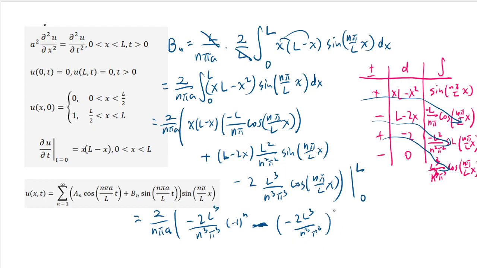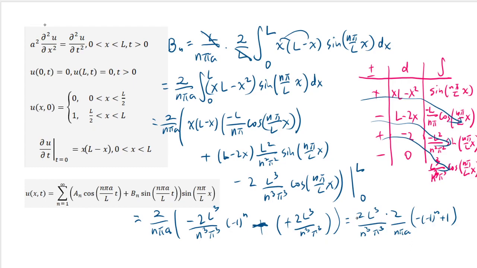So that's it. If you simplify this, minus minus is plus, and you can pull out L cubed, n cubed, pi cubed, and 2 as a common factor. But there's also a 2 there, so times 2 over n pi a. And then when that's done, you really have negative 1 to the nth power plus 1 here.